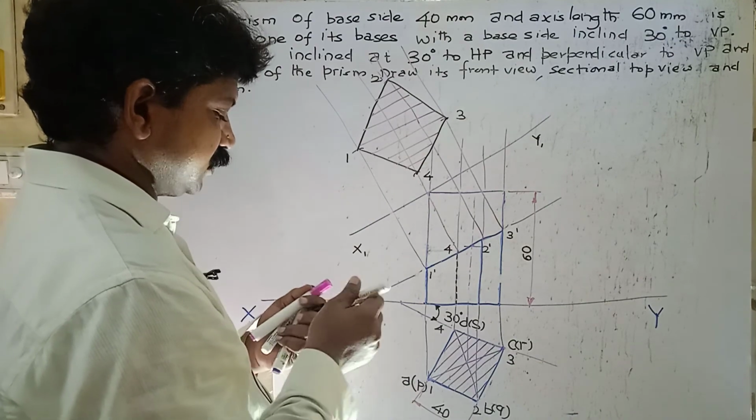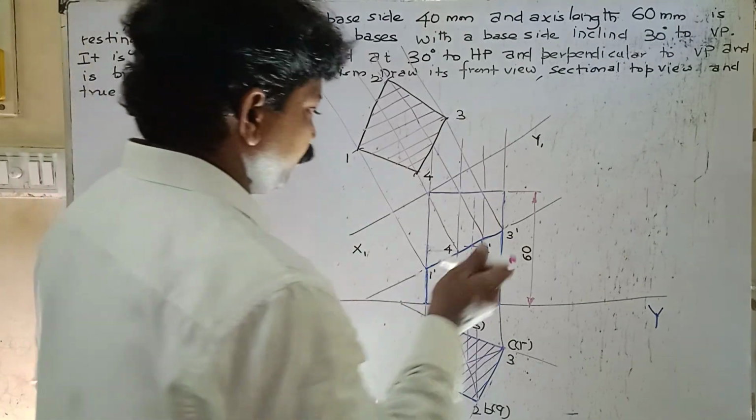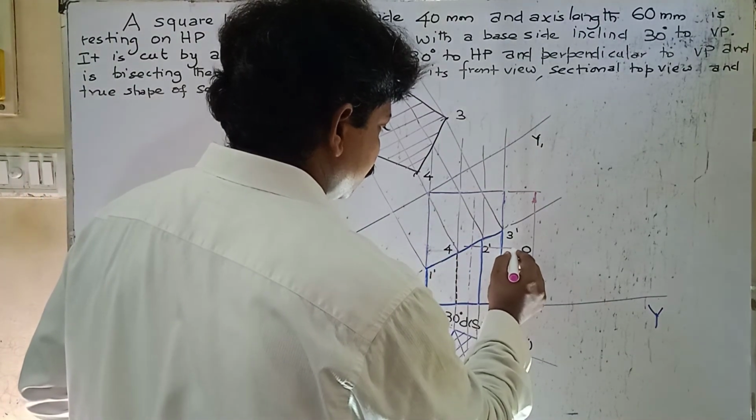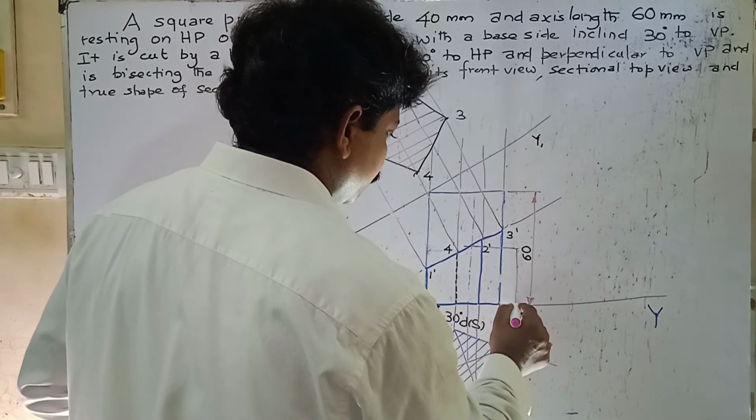Bisecting the axis, so the cutting plane position is 30 mm from the base.